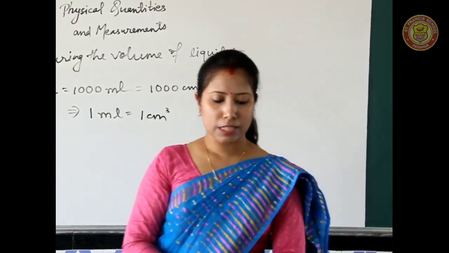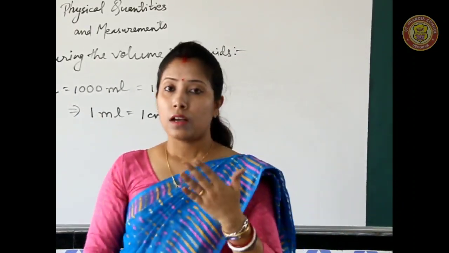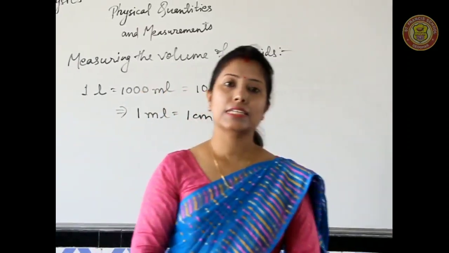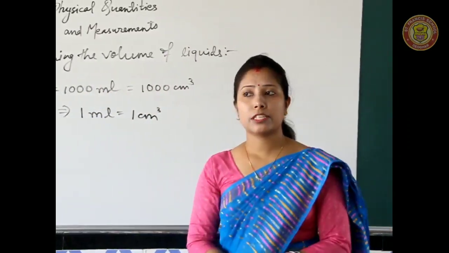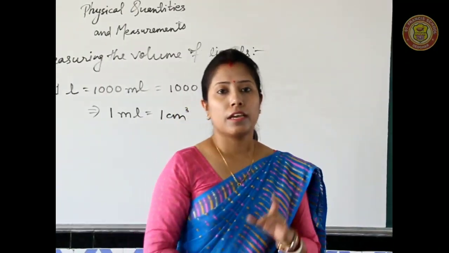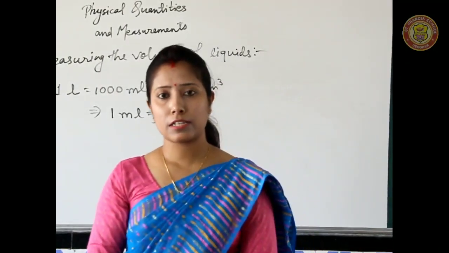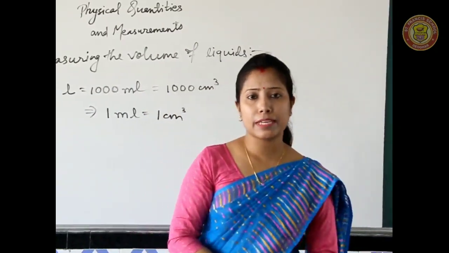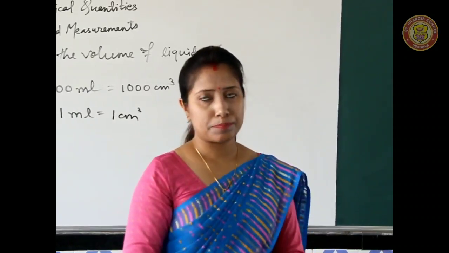To overcome these problems, we have measuring beakers or measuring cylinders. These are containers in which a scale is marked, and as per our requirement we can fill that beaker or cylinder.